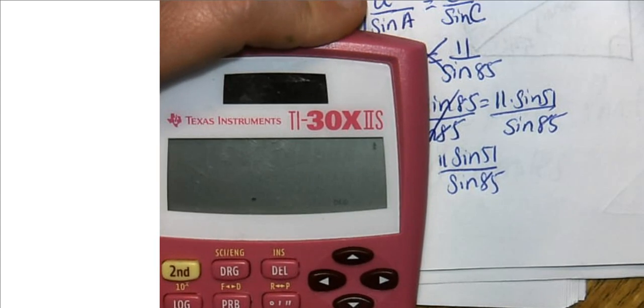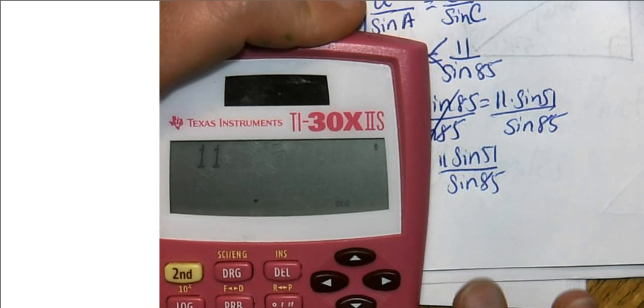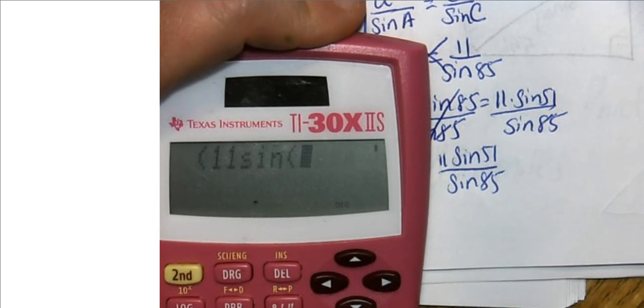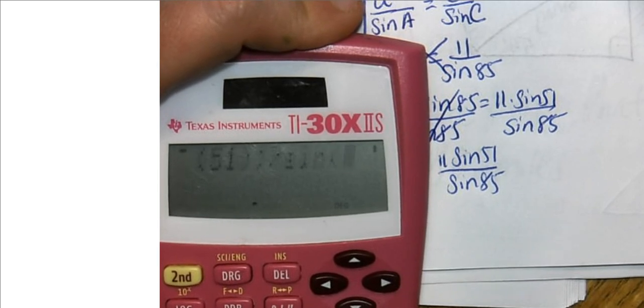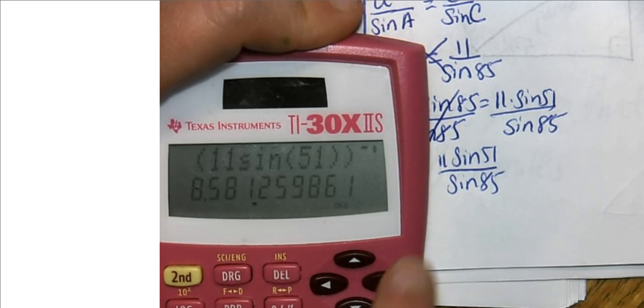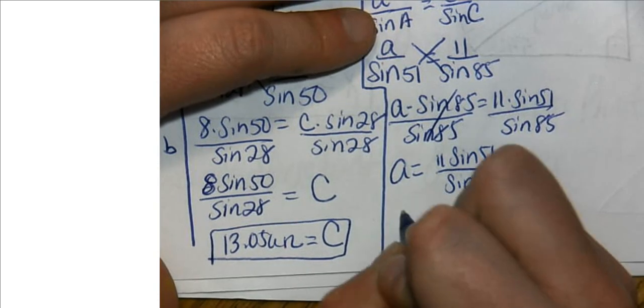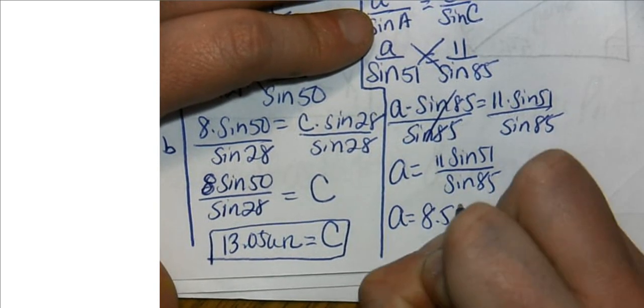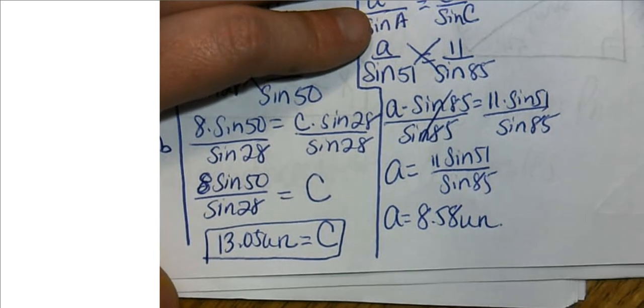So I have 11 times the sine of 51 divided by the sine of 85. And I end up with 8.58. So 8.58 units.